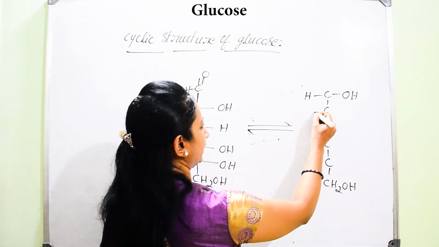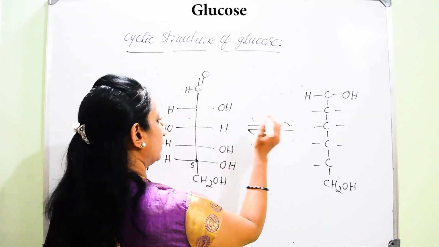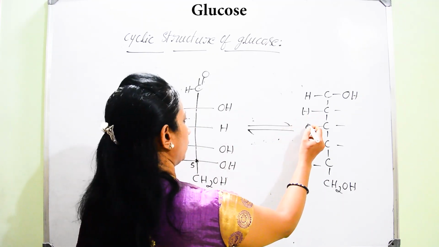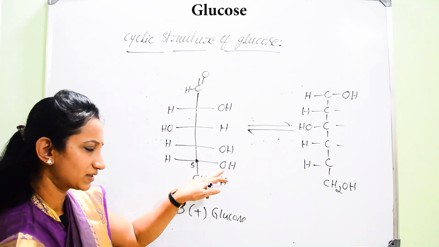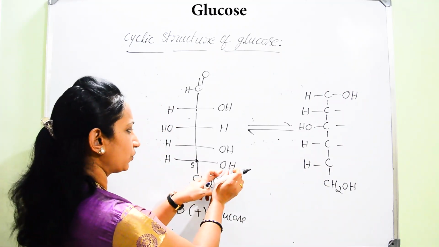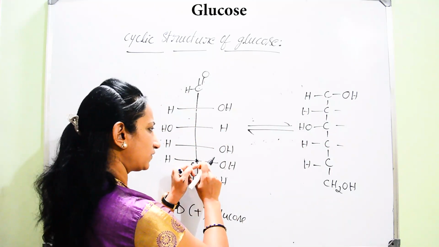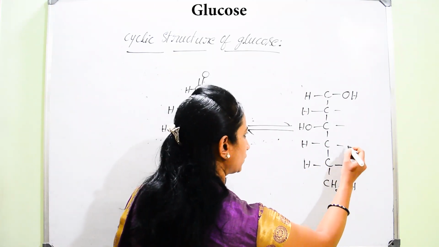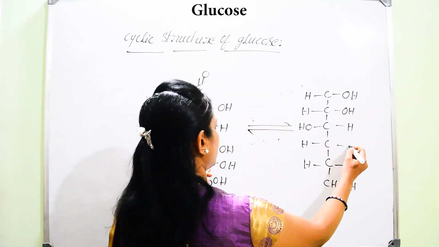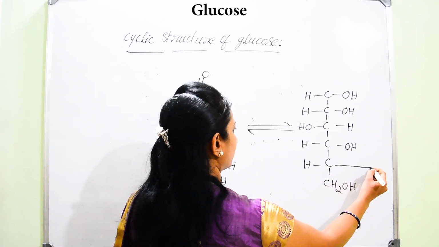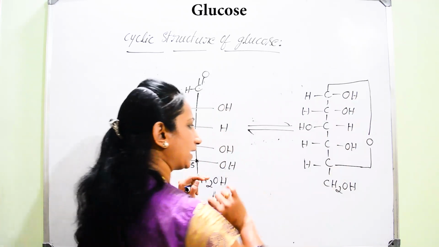The remaining we write as it is: H, OH, H, H. The hydrogen removed here gets attached to this oxygen atom. Now the fifth carbon atom, with the remaining written as it is, OH, H, OH, is going to link to the first carbon atom through which atom?